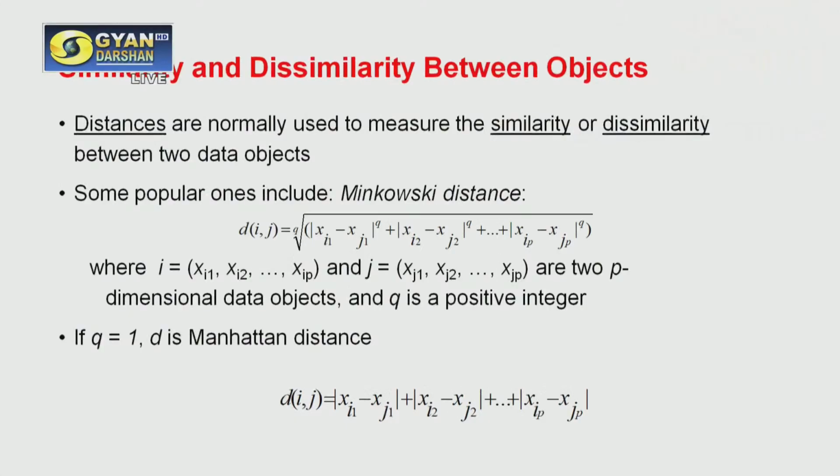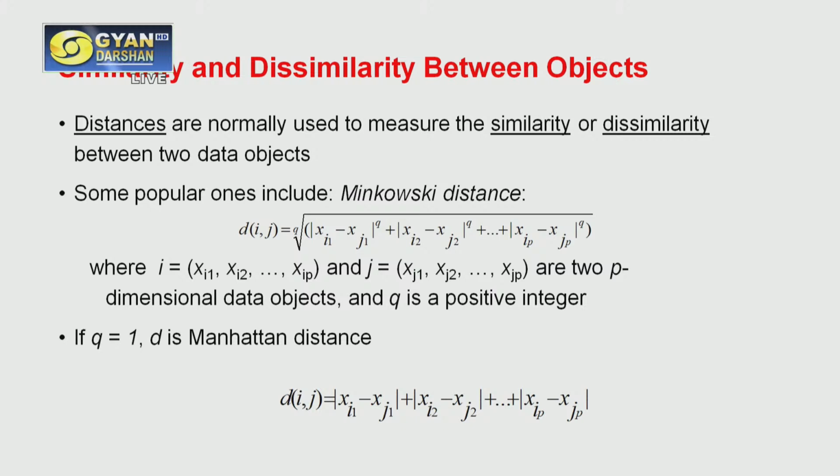And distances are the most commonly used metric to find the similarity or dissimilarity between these data objects. The most popular one is the Minkowski distance.